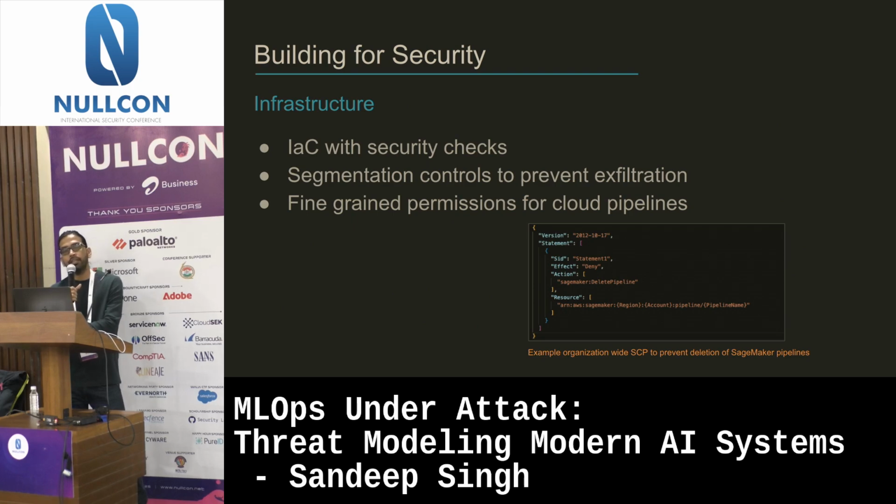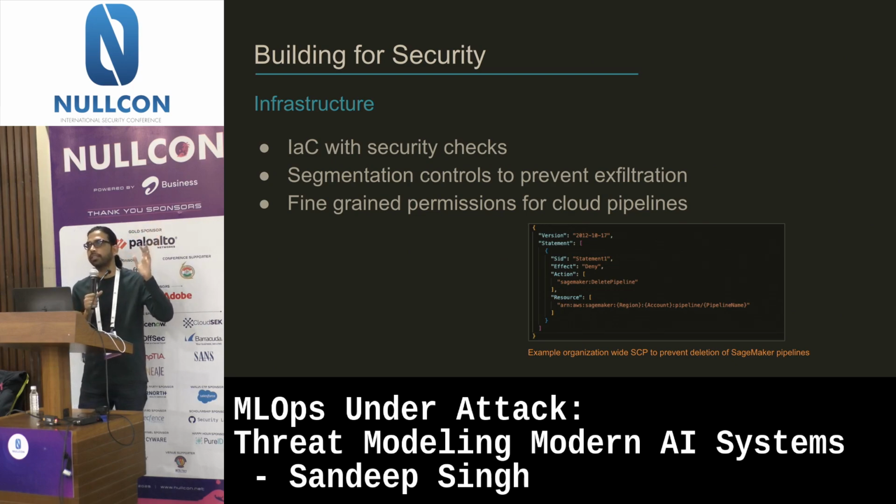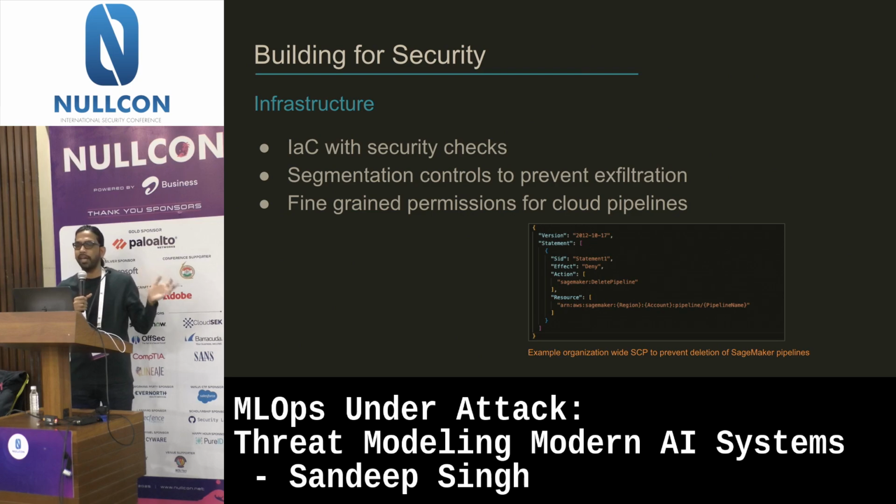Infrastructure: in an MLOps environment, segmentation control becomes super important if you want to prevent data extraction type attacks. Because that's where an attacker might land in a different stage of the whole ML pipeline. And if they're able to access a model which is in production, or data that sits in a plan phase, that should not be possible.